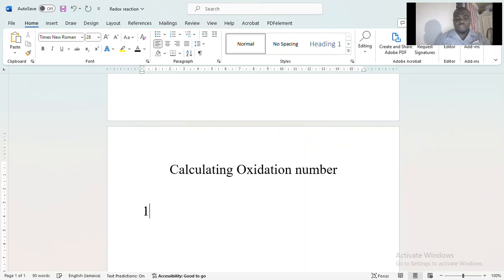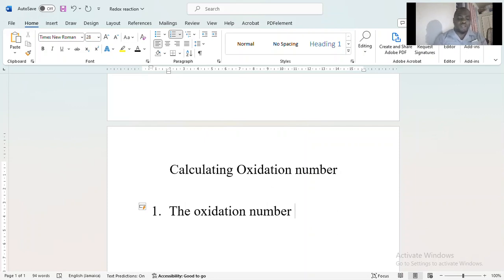And to do this, as I said before, there are some basic rules that you can follow. Rule number one, the oxidation number, and these don't have to go in this particular order, guys.